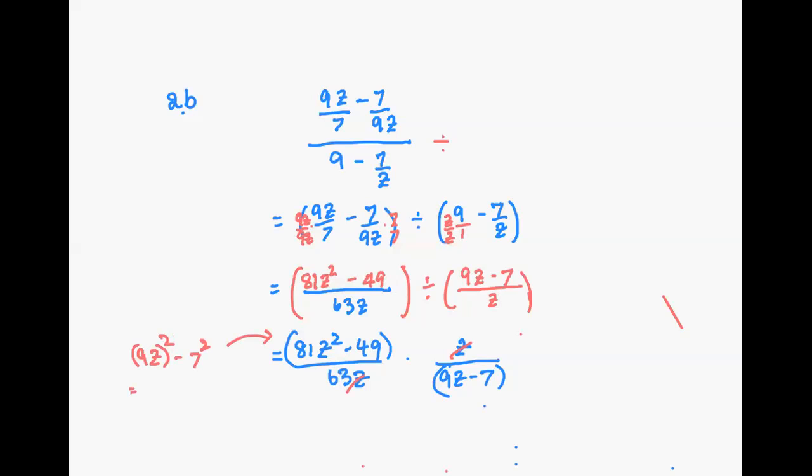That is one of the special products, called the difference of two squares, and it can be factored as the product of the sum and the difference of the first term, which is 9z, and the second term, which is 7. So then the numerator part can be factored as 9z plus 7 times 9z minus 7, all divided by 63, multiplied by 1 over the quantity 9z minus 7.